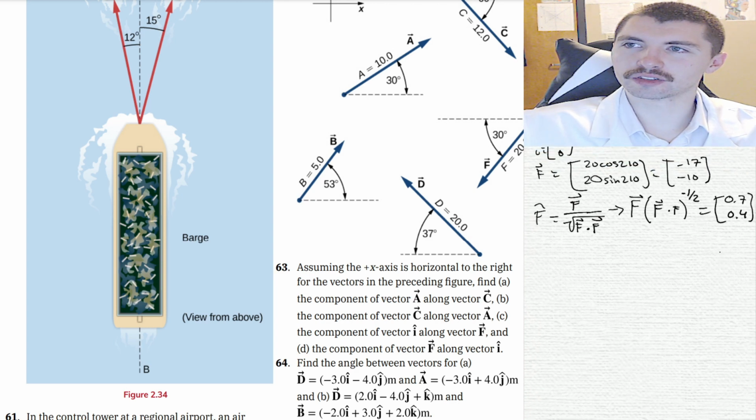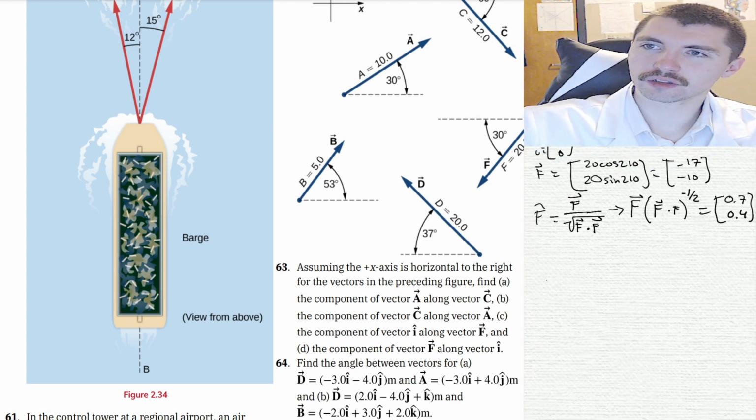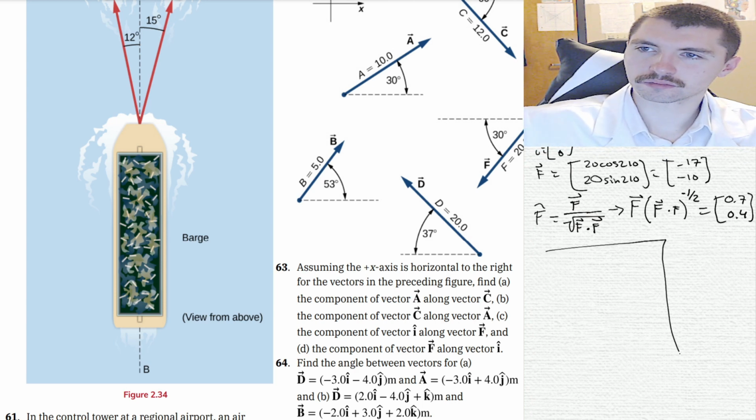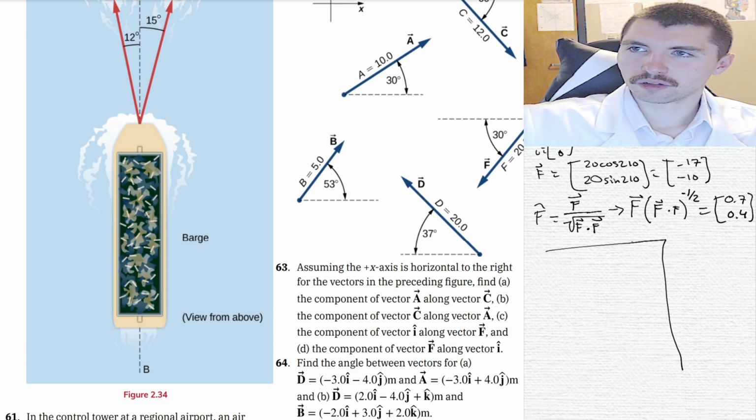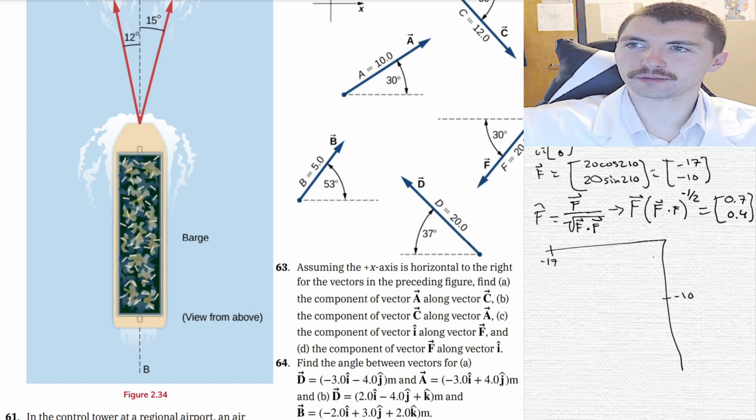So we can draw this out. So we have -17, -10, and then we have our unit vector, which is 1, 0.